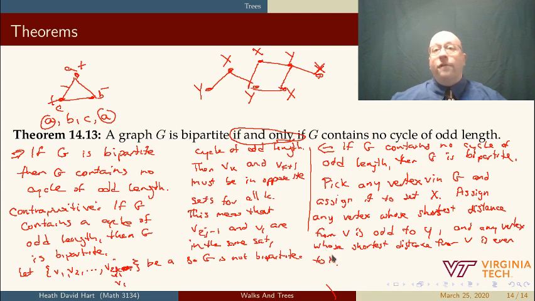Either this works and we have a bipartite graph, or we have an edge between two vertices of the same type. Okay?